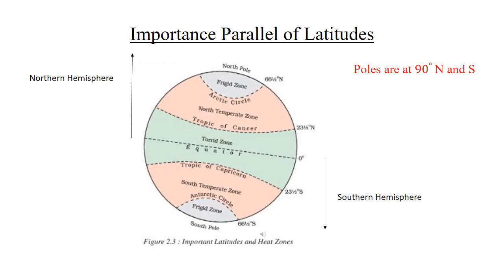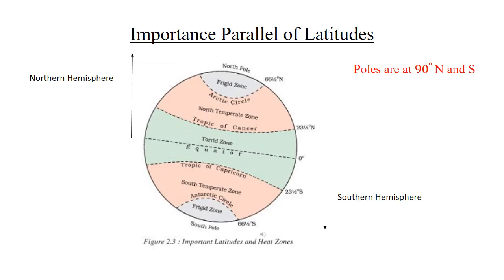With this, we can understand that the moment we move further from the equator till the pole, the degree increases from 0 degrees to 90 degrees respectively. Now, if I talk about the southern hemisphere, it is also the same.